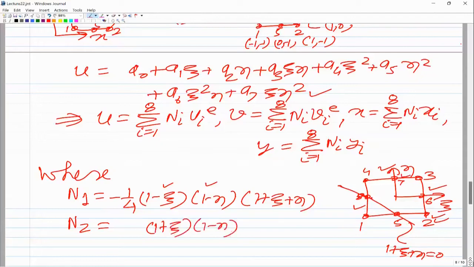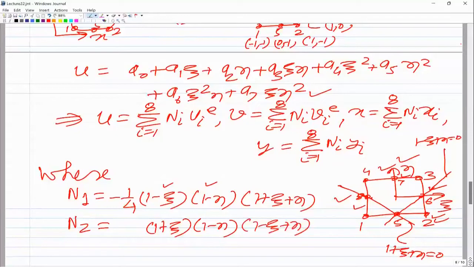And now I have to cover nodes 5 and 6, because I have covered all the nodes on these lines. So these two nodes are left out, so I'll have to take the equation of this line. The equation of this line is basically 1 minus xi plus eta equal to 0. So I take that, 1 minus xi plus eta. Again we have to make sure that this shape function is unity at node number 2.